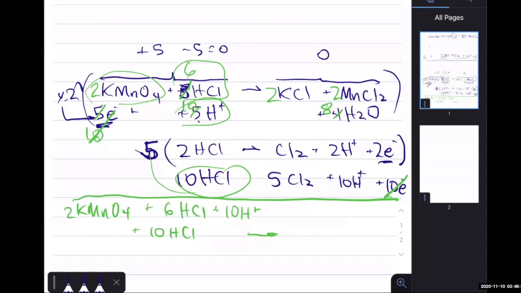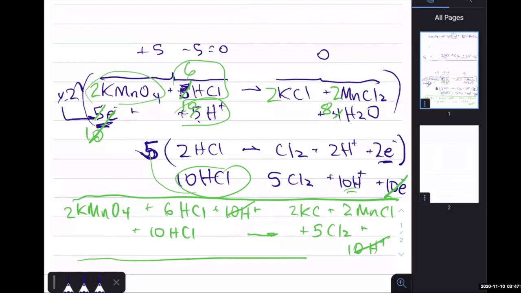On the right side, I have 2 KCl plus 2 MnCl2 plus 5 Cl2 plus 10 H plus. Okay, the 10 H plus here will cancel with the 10 H plus there. Okay, and it looks like we're pretty good in terms of all of this.